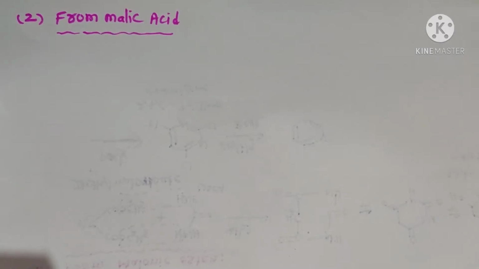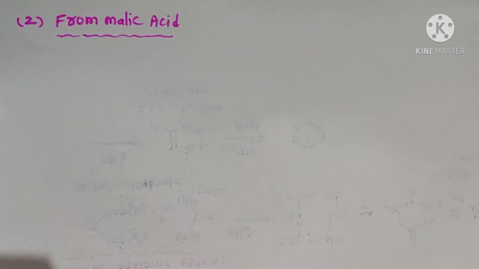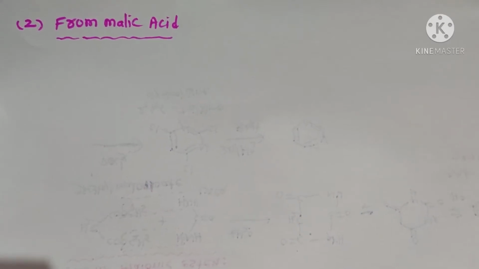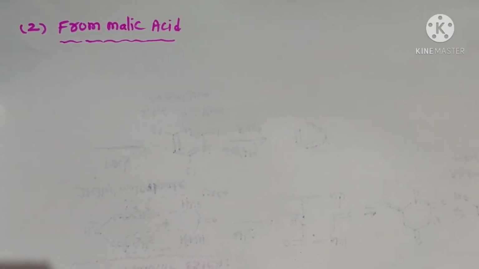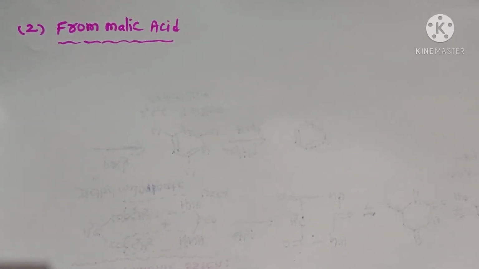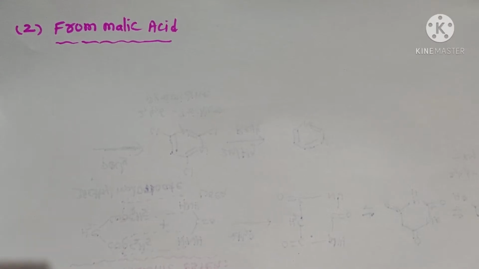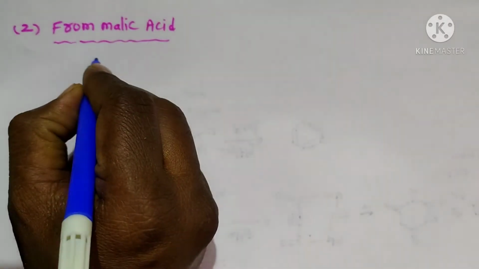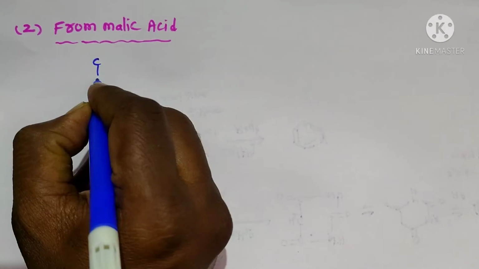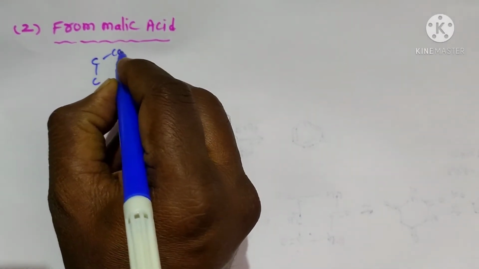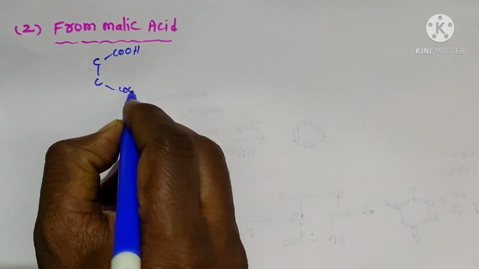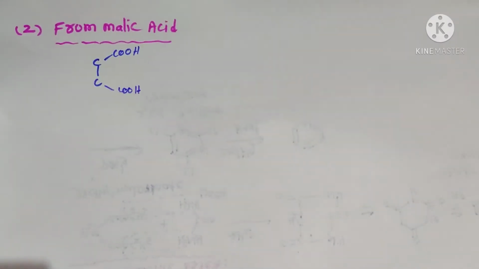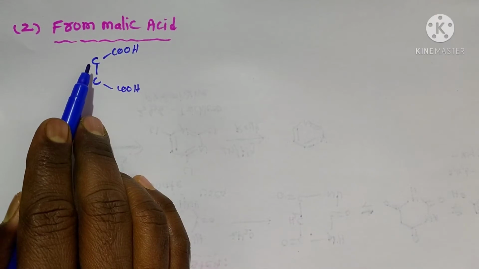Now we go for the second preparation method, that is the preparation of the pyrimidine by using malic acid. We can remember the formula of malic acid if we remember the formula of succinic acid. In succinic acid we have 4 carbon atoms, and it is a dicarboxylic acid, COOH and COOH, with CH2 and CH2 in between.